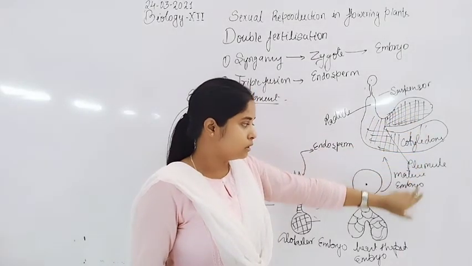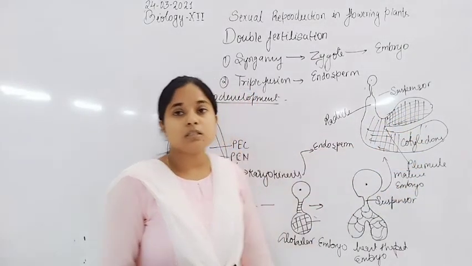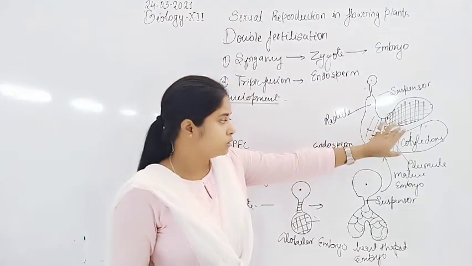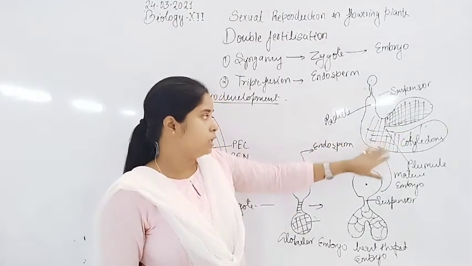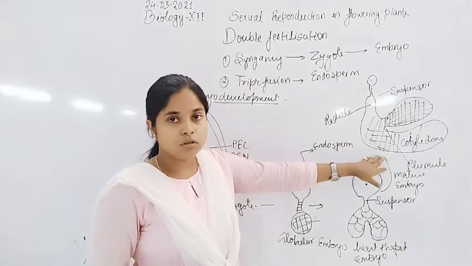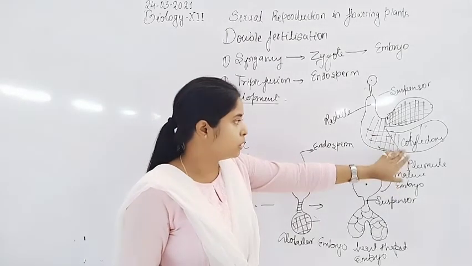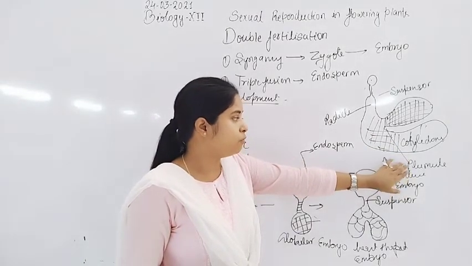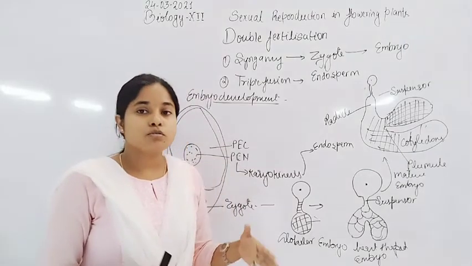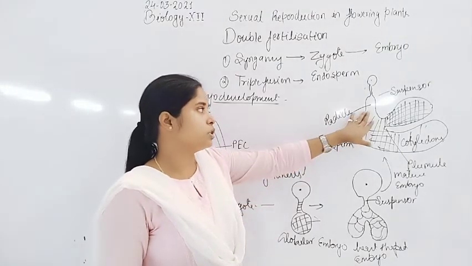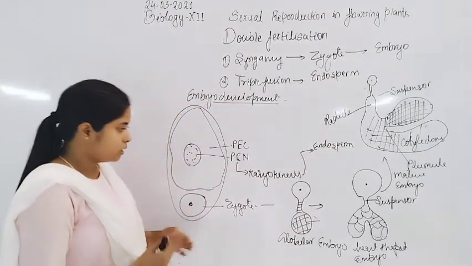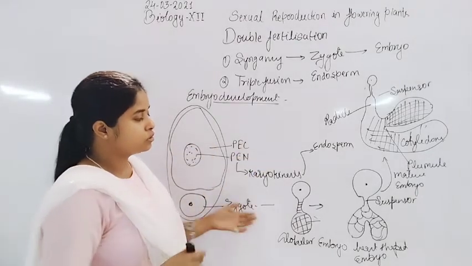So this embryo is a dicot embryo present in the dicot seed. Now, in the mature embryo, the plumule is already formed, from which the shoot arises, and from the radicle the root arises. Now, this is the overall structure of the embryo.